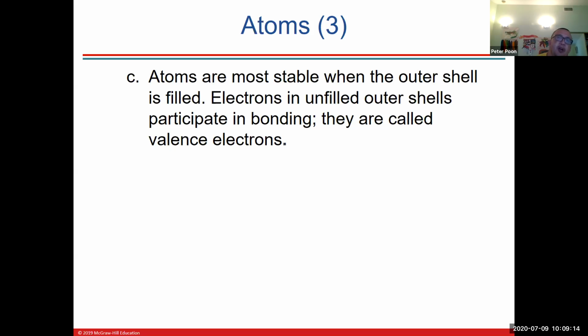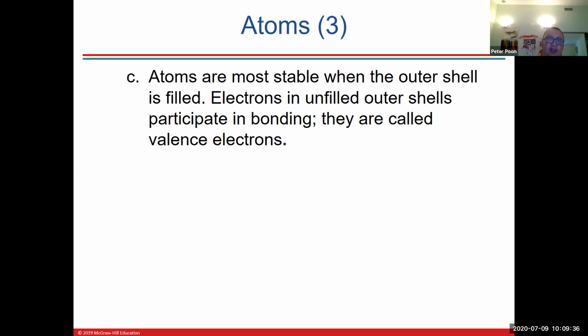Atoms are most stable when their outer shell is filled. So atoms try very hard to fill their outermost shell, and once they fill it, they are stable and it becomes really hard to remove electrons from an atom that's happy.